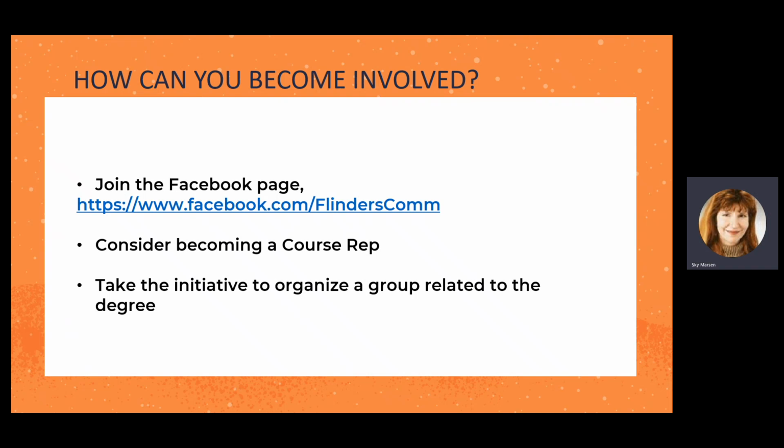And you might have other ideas about getting together the people enrolled in the degree and organizing some group. If you have any ideas about how to engage the other students or anything that you want to share, please let me know, Sky Marson, the coordinator of the degree, and we can always arrange something.